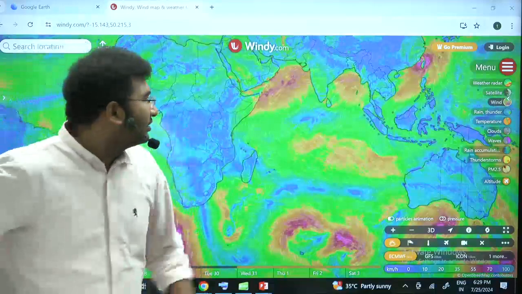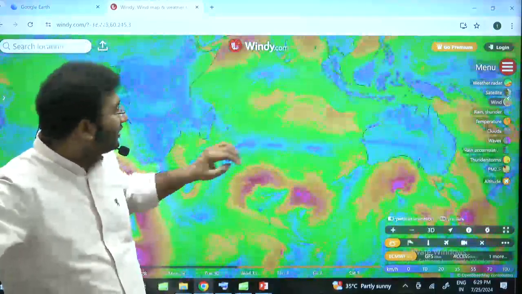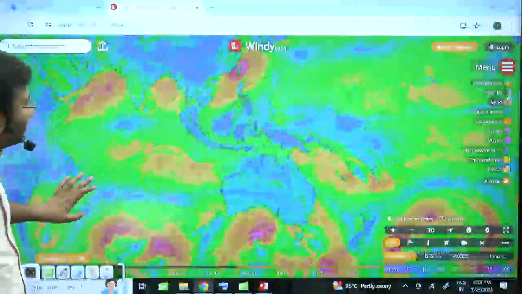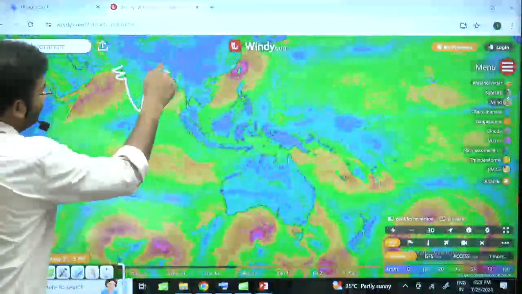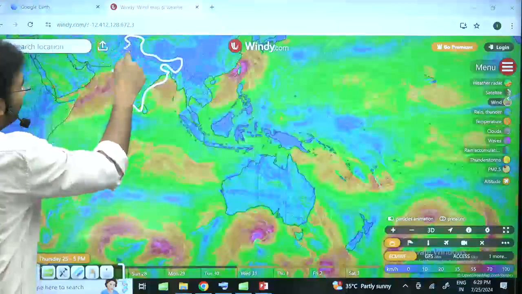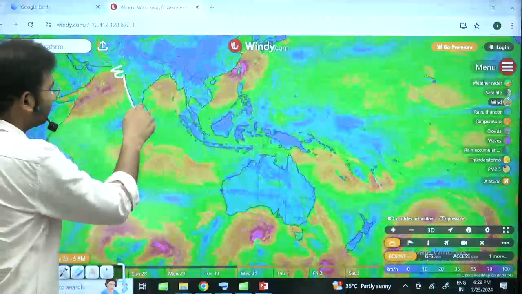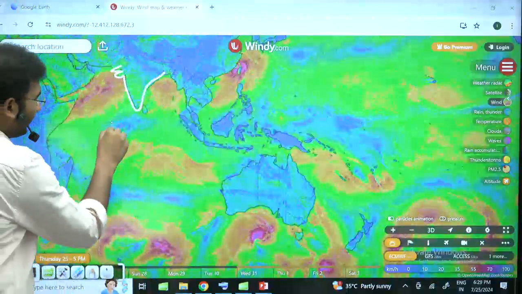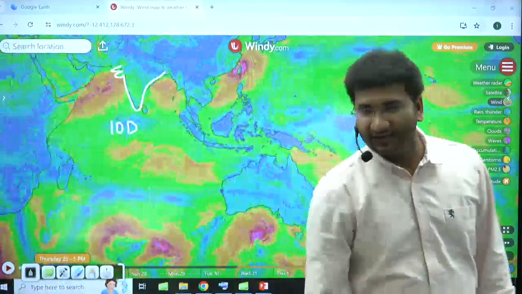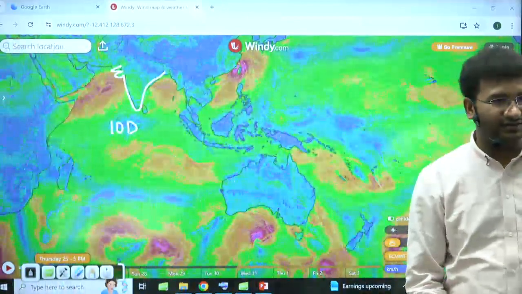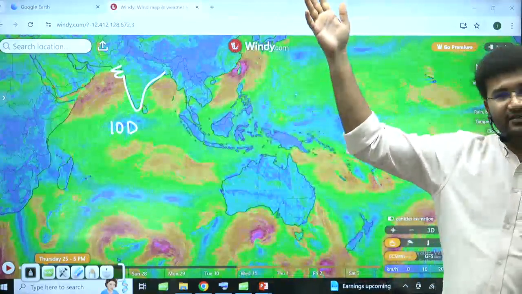So our Indian Ocean monsoon, or our Indian monsoon, now tell me, try to think like this. This is India. Now you tell me, what are the factors that are influencing the Indian monsoon? Can I say IOD, El Nino, La Nina, Pacific Decadal oscillations, Mascarene high, Tibetan high pressure and low pressure, jet streams?